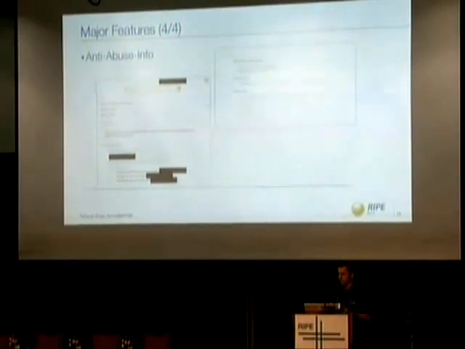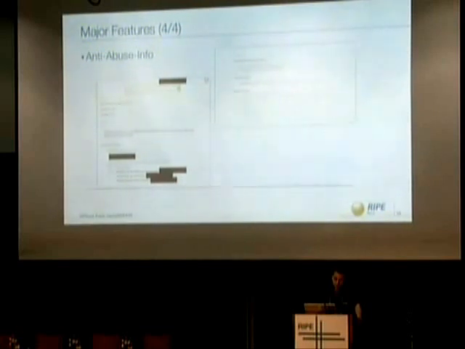What we tried to do with that widget was not to just spit out some email addresses and maybe encourage more spam, but to use the data we already had on RIPEstat and put the anti-abuse information in some kind of context.